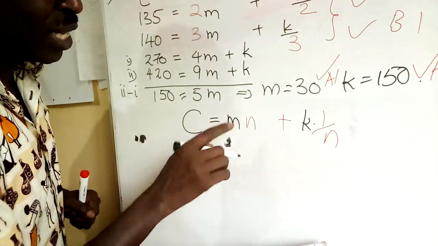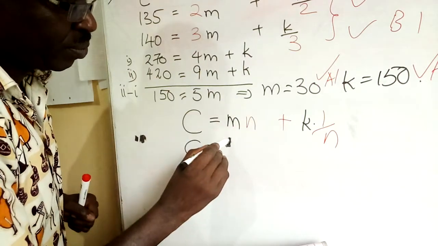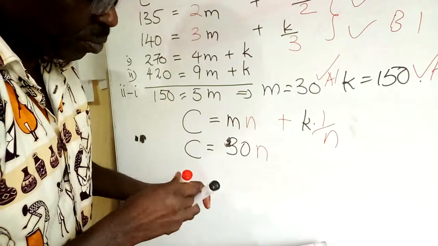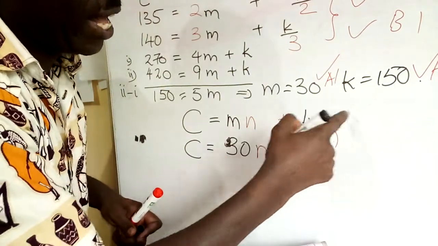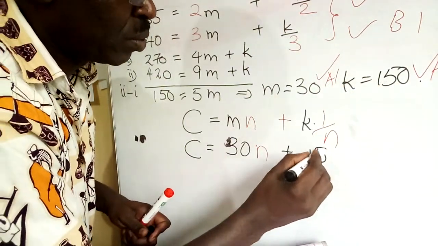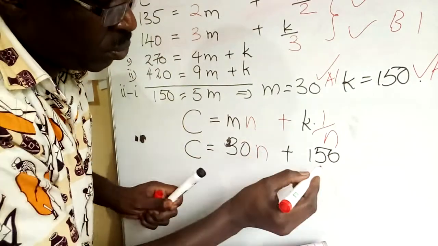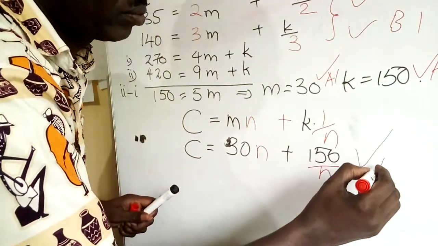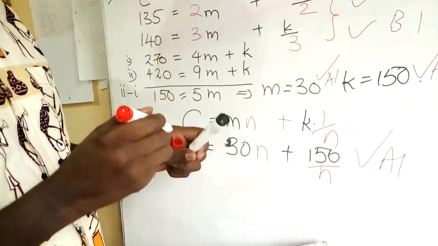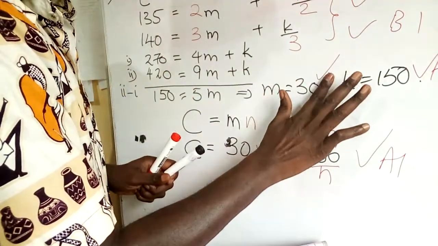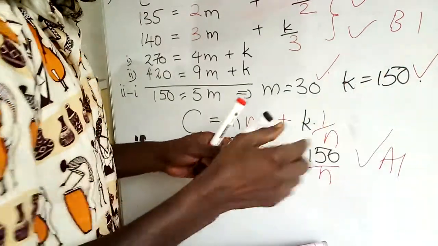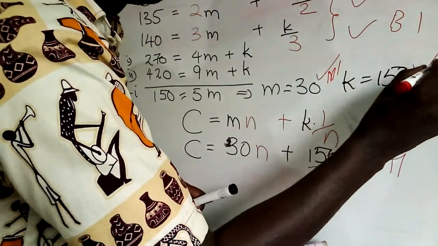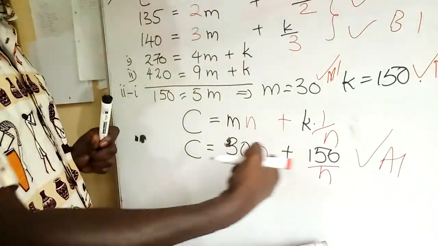So I write 30n plus k is 150. This is your method, and this is the final answer.